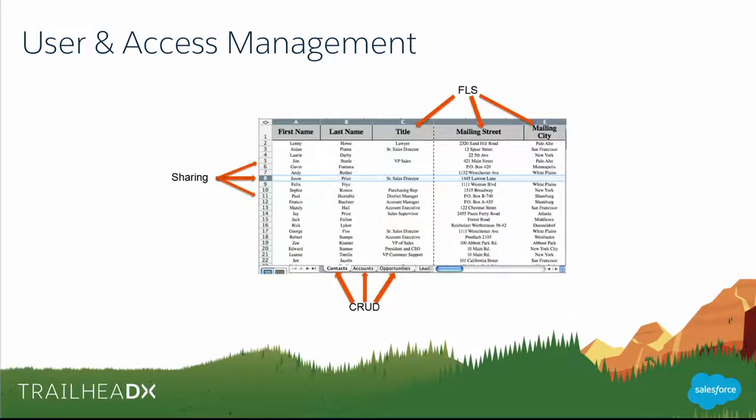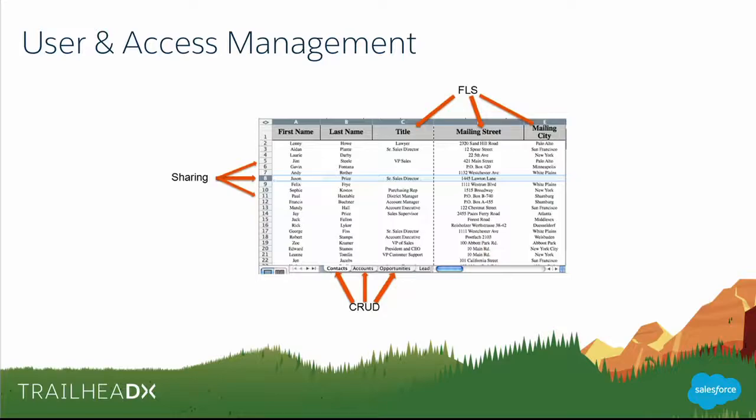So just a quick refresher, I'm sure people are familiar with CRUD and FLS. We have objects, which are sort of like tables. You have the accounts object and the opportunities object. So you can have CRUD permissions. You can give out create permissions on an object, or read permissions, or update permissions, or delete permissions.